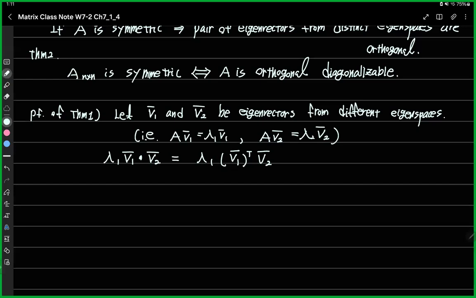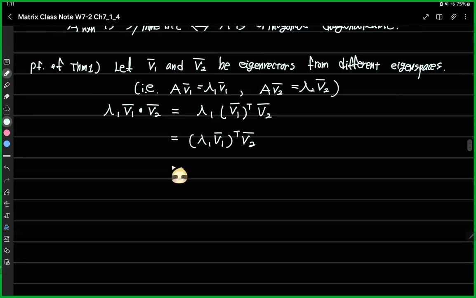There's no dot product symbol; this is a matrix multiplication. We can put lambda 1 inside the parenthesis because lambda 1 is a scalar, and the transpose of a scalar is a scalar. So this is lambda 1 V1 transpose V2, and lambda 1 V1 is equal to A V1, so (A V1) transpose and V2.